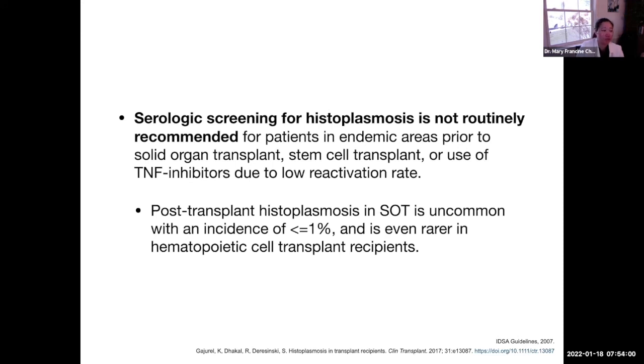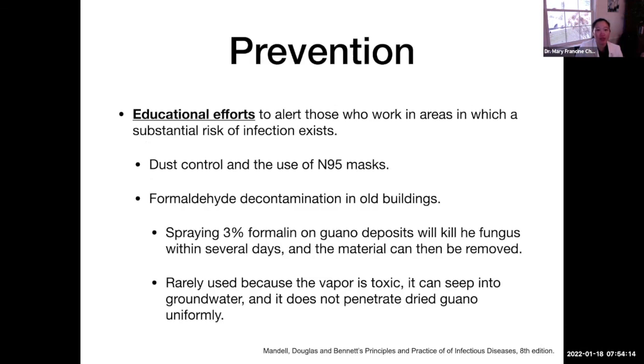So routine screening for histoplasma with the intention of prophylaxis, even in endemic areas, is really not recommended.